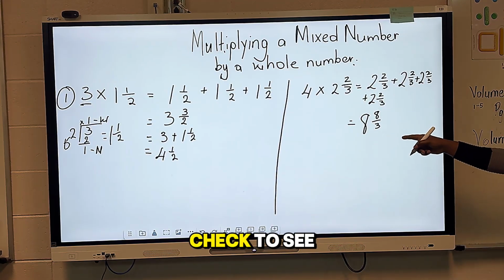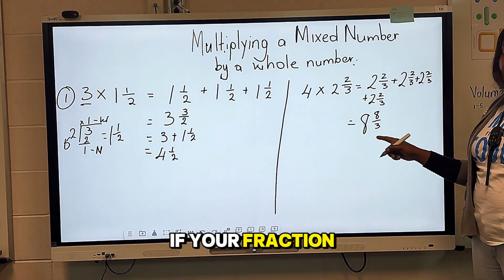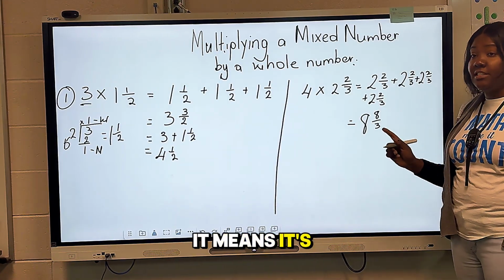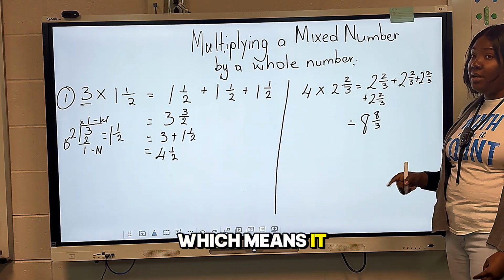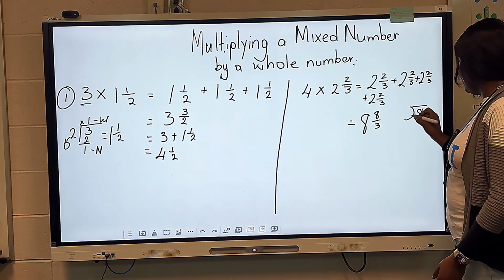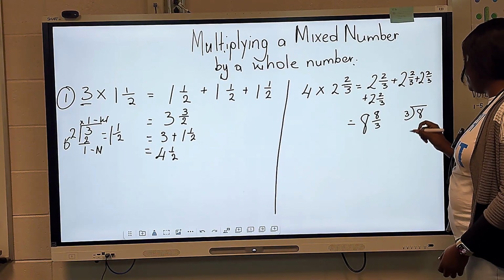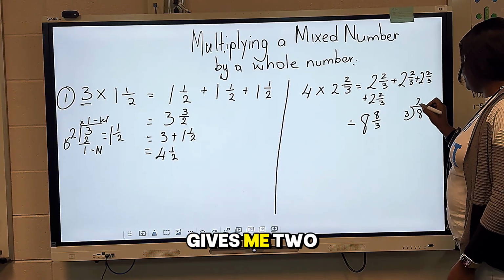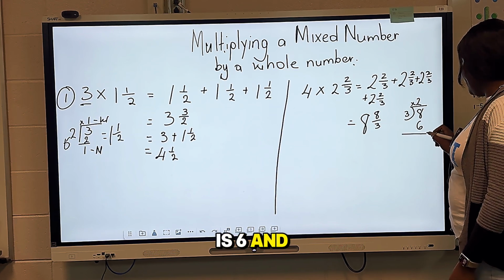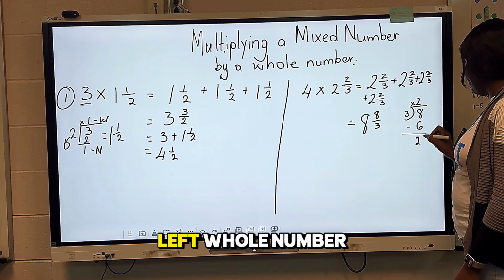Remember, you need to check to see if your fraction is an improper fraction. If it's an improper fraction, it means it's greater than 1, which means it can be simplified. So I'm going to put my 8 inside and my 3 outside. 8 divided by 3 gives me 2. 3 times 2 is 6. And when I subtract, I have 2 left.